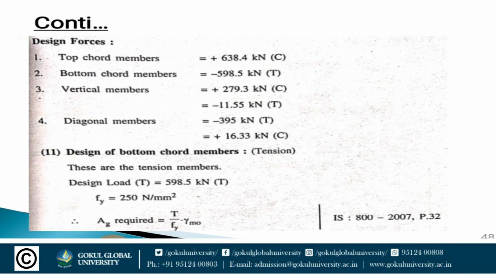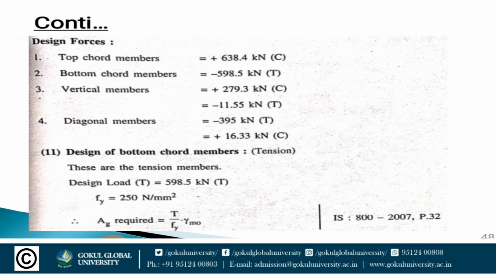So design of the bottom chord member. First we design the bottom chord member. In the bottom chord we have the force, minus 598.5 kilonewtons. So we identify the design of the tension member. For the design of tension member we go to section number 6 of IS 800 2007, page number 32.